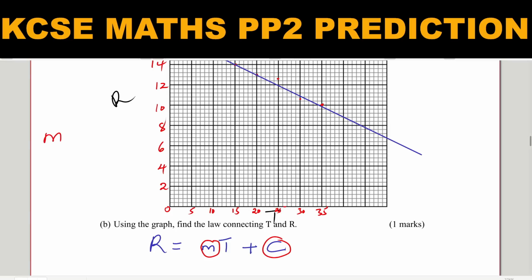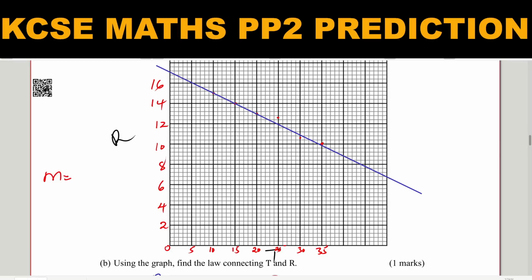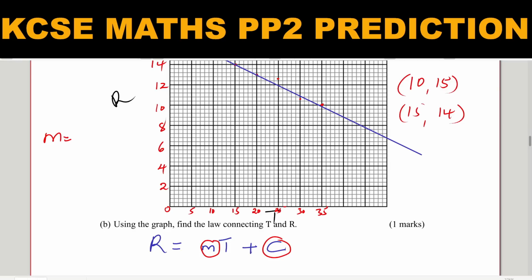To get the gradient, you simply need 2 points on that line. I will use 2 points lying on that line of best fit, like 10 and 15, and also 15 and 14. Using these 2 points, I can get the gradient.